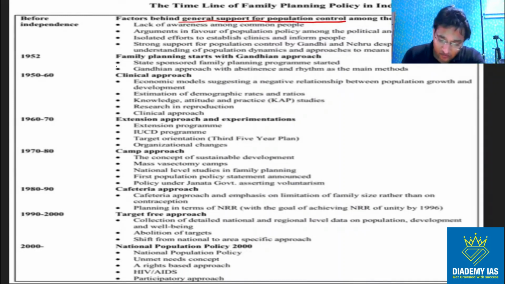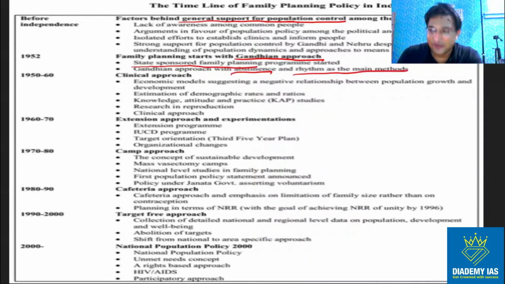So in 1952, we started with the Gandhian approach. We started a state-sponsored family planning program, the Gandhian approach of abstinence and rhythm as the main methods. So Gandhian approach को follow करना शुरू किया of the abstinence.